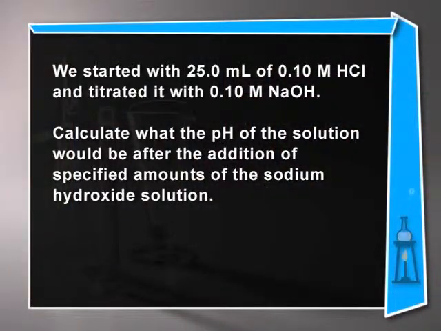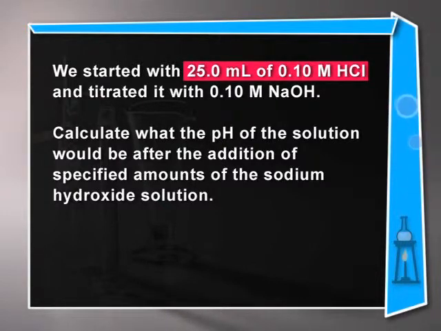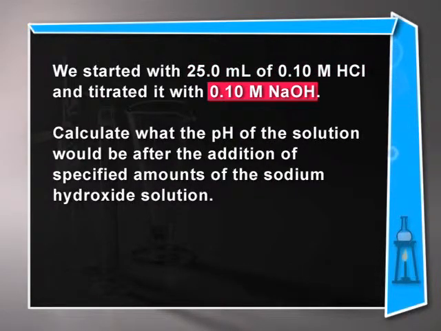The initial amount of acid that I'm going to use is 25 milliliters of 0.1 molar HCl. And I'm going to add to this 0.1 molar NaOH. I'm going to present to you a data table that will tell us what the pH of the solution is after I add various amounts of sodium hydroxide.